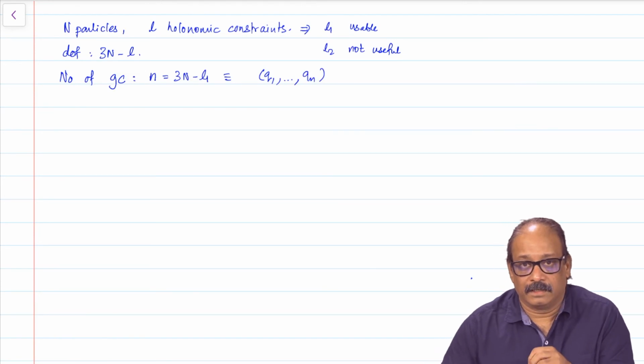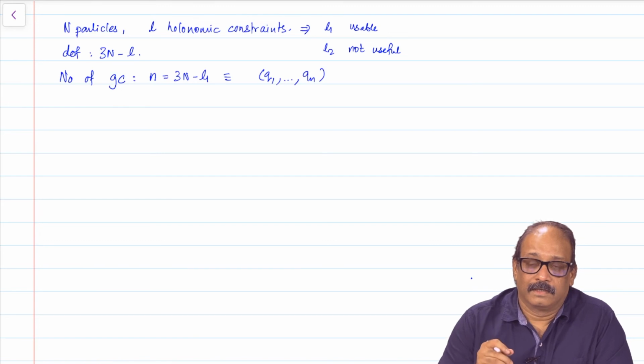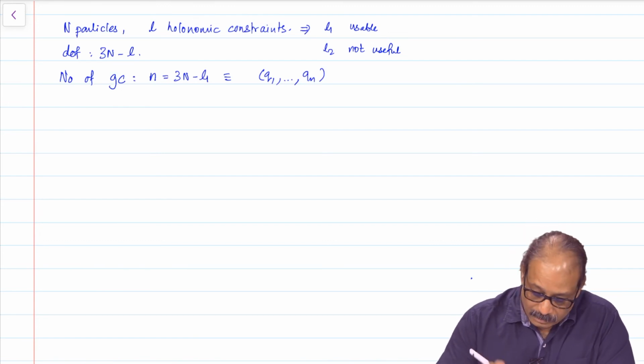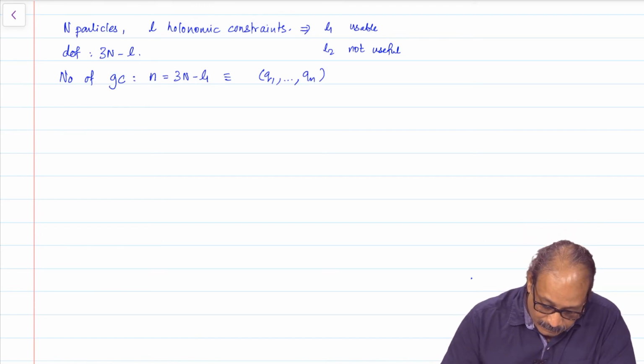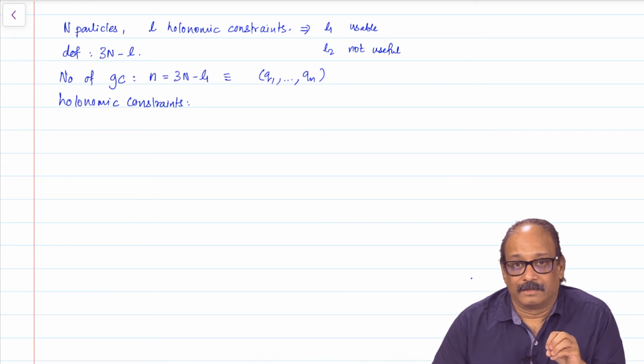Now the remaining L2 holonomic constraints are over and above these n coordinates.